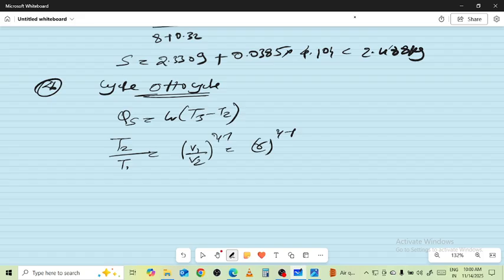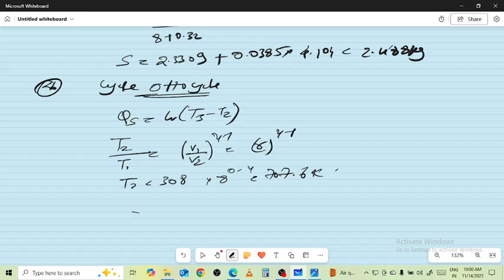Now we have all the values over here. So T2 is equal to 308 into 8 raised to power 0.4, 707.6 Kelvin.